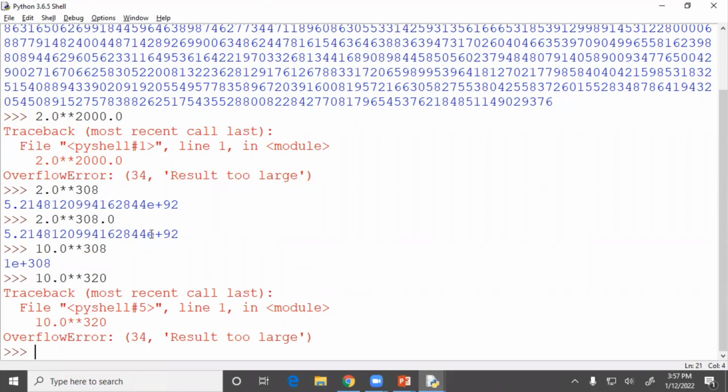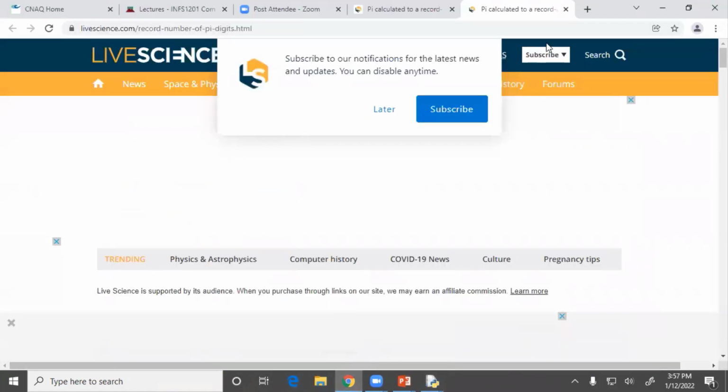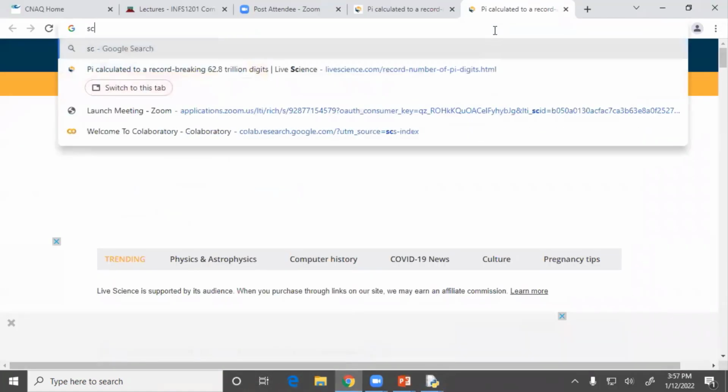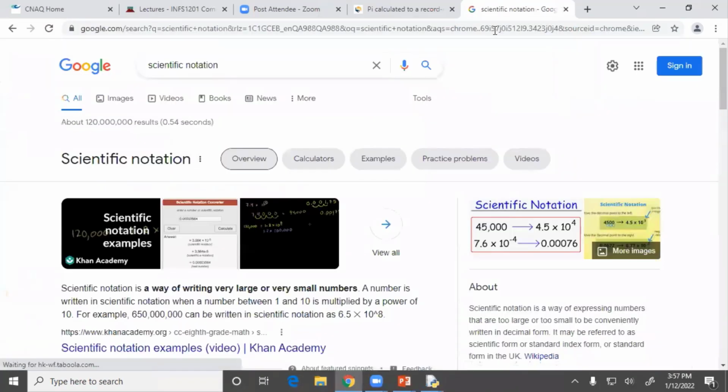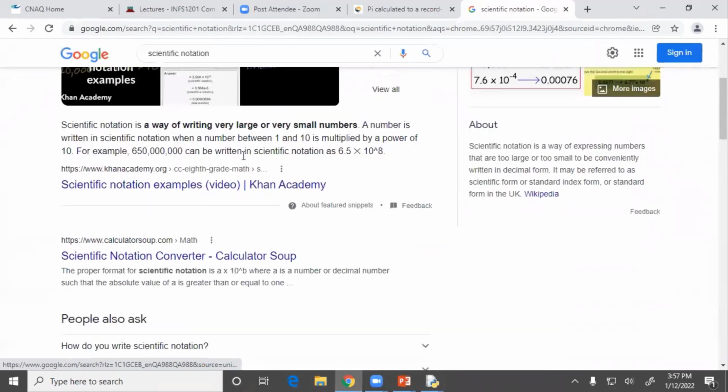This E you have taken in math. You haven't taken this E, the scientific notation of a number? You don't remember this? If I ask, for example, 0.3, I can write it as 3.0 times 10 to the power minus 1. This is a scientific notation. So in math, we have something called scientific notation. And when you have a very large number, you can write it like this.